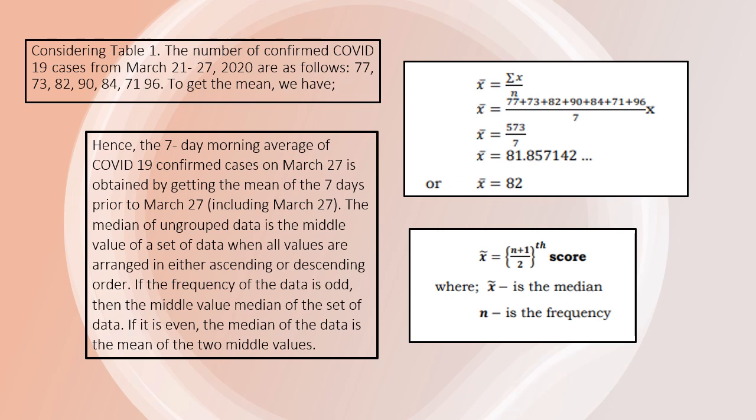Since the 7-day moving average of COVID-19 cases on March 27 is obtained by getting the mean of the 7 days prior to March 27, including March 27. The median of ungrouped data is the middle value of a set of data when all values are arranged in either ascending or descending order, if the frequency of the data is odd. If it is even, the median of the data is the mean of the two middle values.